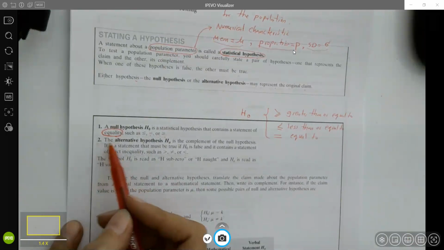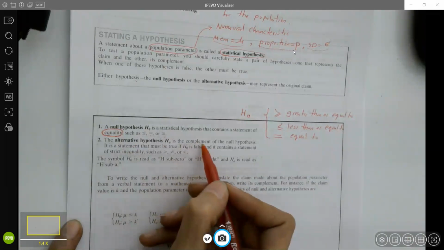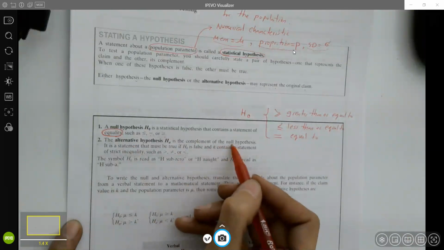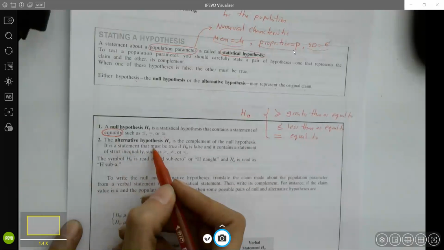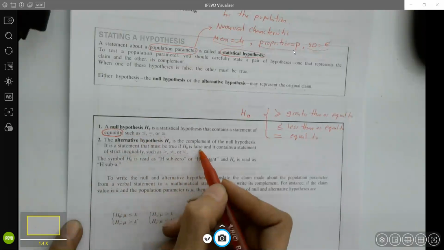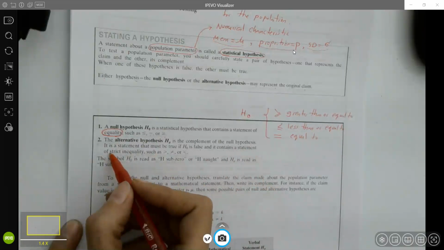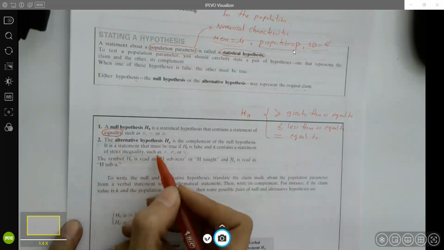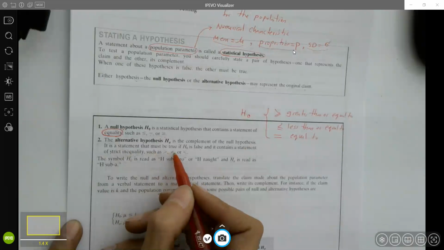Two, the alternative hypothesis, which is denoted by H sub A, is the complement or opposite of the null hypothesis. It is a statement that must be true if your null hypothesis is false and it contains a statement of strict inequality, such as greater than, less than, or not equal to.